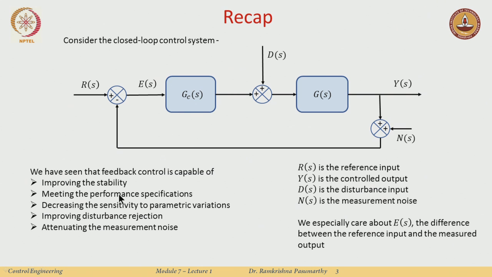It also in some sense helped in meeting the performance specifications. We will elaborate on this a little more shortly. We also saw how feedback helps decrease the sensitivity to certain parameter variations of the system. Disturbance rejection was also very obvious while we were doing the feedback control, and of course, attenuating the measurement noise and so on. So, what was the defining factor even when we looked at the error constants was this signal E of S.